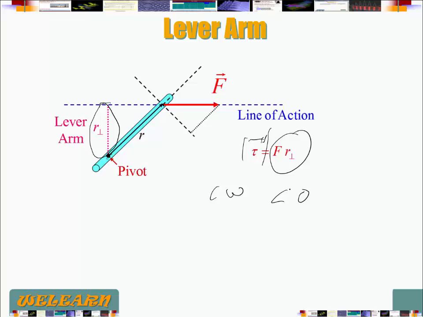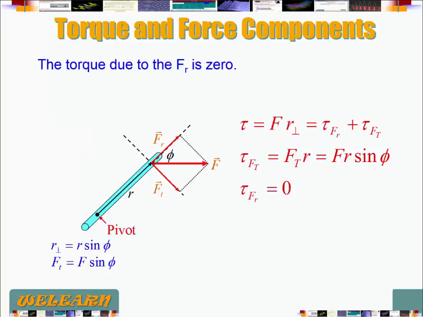Another way to look at it is through this. Instead of considering F, what if we consider the components of F? Ft and Fr. Fr is radial, essentially parallel to the radius, and Ft is perpendicular to the radius, or tangential to the circle that this point will make if our rod is going to rotate.